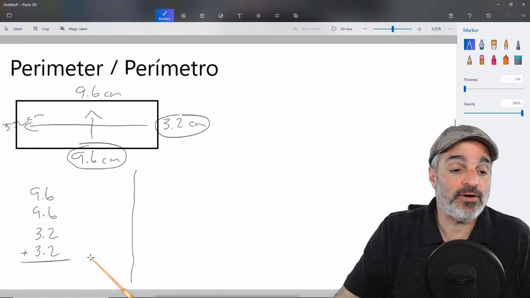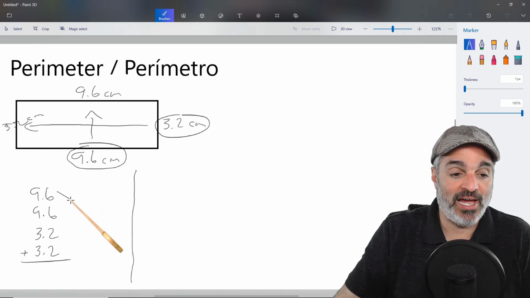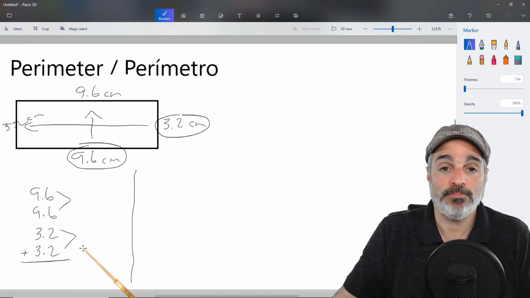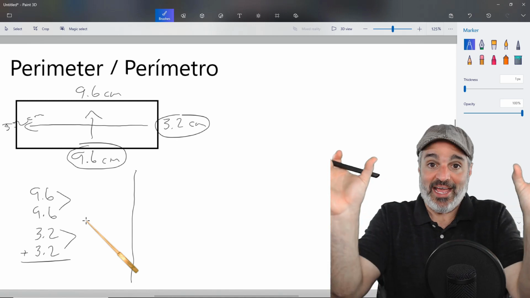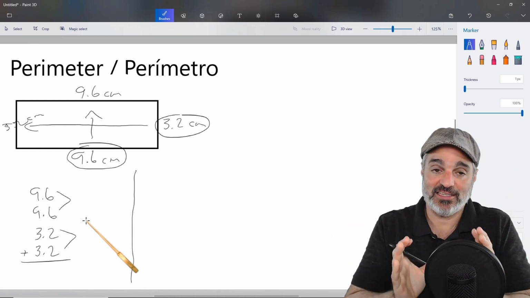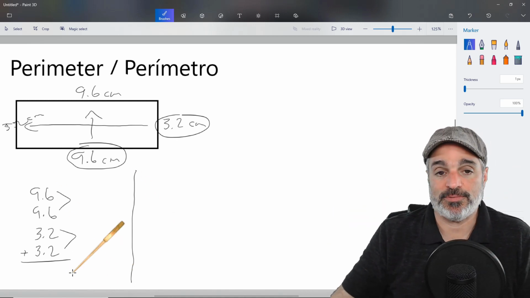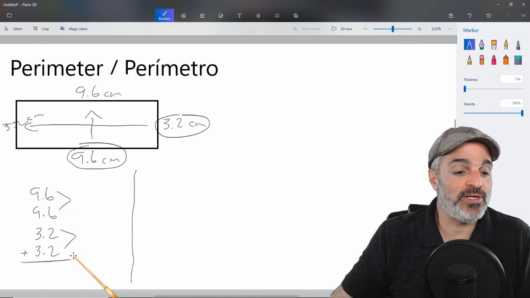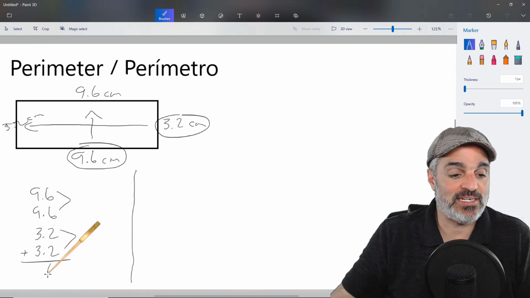But you can very well add 9.6 plus 9.6 and then add 3.2 plus 3.2 separately and then combine those two results, or add them. Or you can do it like this. Okay, so 6 and 6 is 12, and 12 and 2 is 14, 14 and 2 is 16.